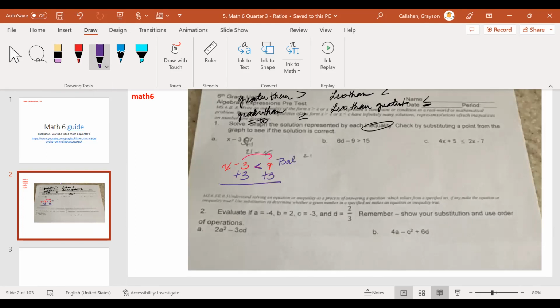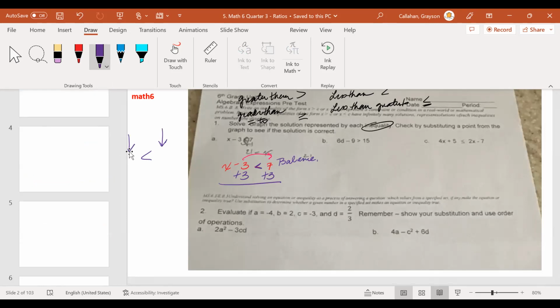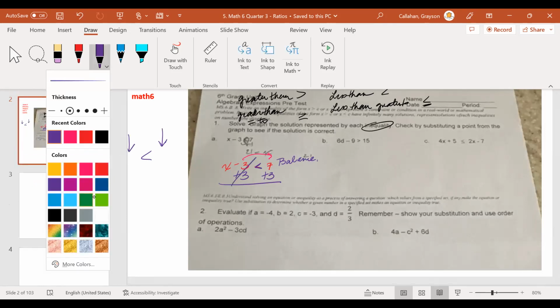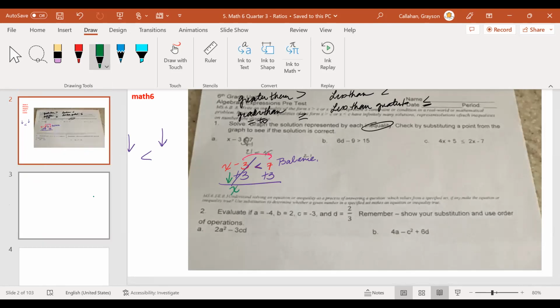You have to go ahead and balance it. So whatever you do on one side of the inequality sign, you have to balance it on the other side. Do you see that? So this part cancels, and then what's left is you bring down the x less than 10. So your answer is x is less than 10.